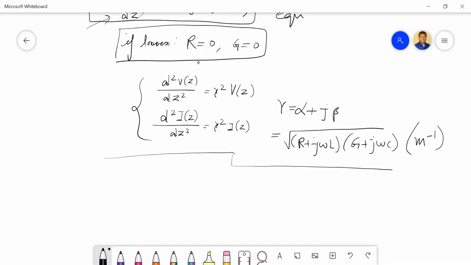Fine. So today we'll do this much, and in the next class we'll start with the solutions of the second order differential equation, and we'll try to learn about the physics, why these solutions were chosen, and we'll see some special cases like lossless lines and distortionless lines. We'll study these, and finally we'll see some of the transmission line parameters again in terms of the geometrical parameters of different two-wire systems.